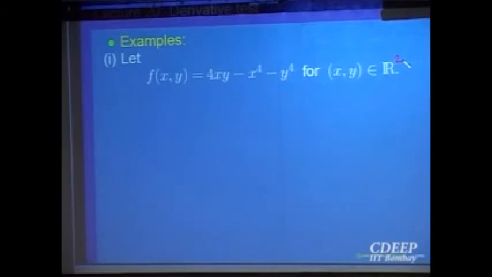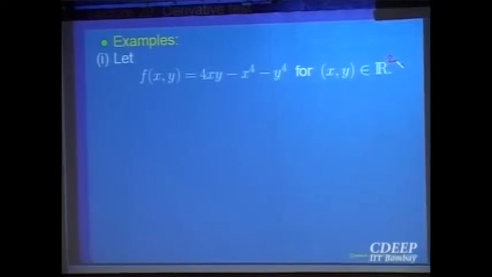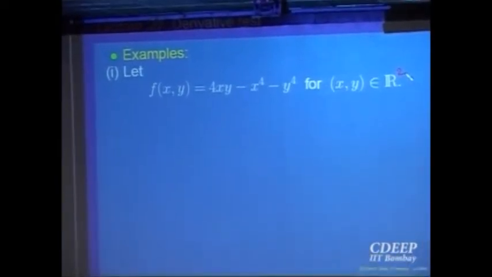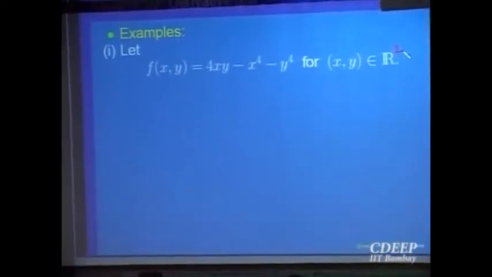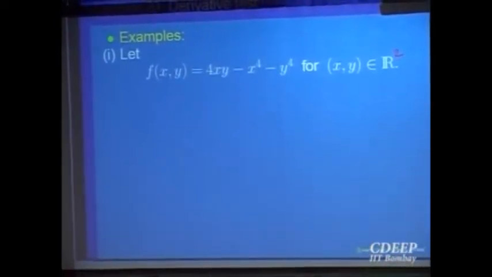Is this function differentiable? It's a polynomial function, so partial derivatives exist everywhere. So the only possible points are those where the first derivative with respect to x and the first derivative with respect to y are equal to 0. Let us solve those equations.